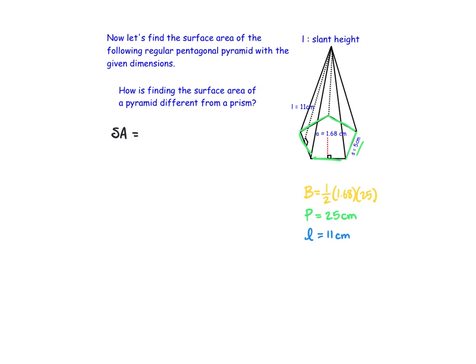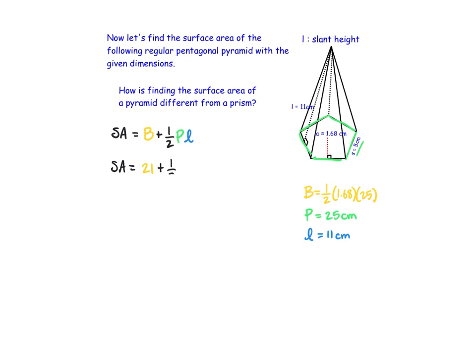Okay, so the surface area will be one base, right, since we're working with a pyramid, plus, don't forget the 1/2, that's very typical, times the perimeter of the base times the slant height. Okay, so our surface area ends up being 1.68 times 25 divided by 2. All right, we end up getting 21 for the area of the base, plus 1/2 of 25 times 11.